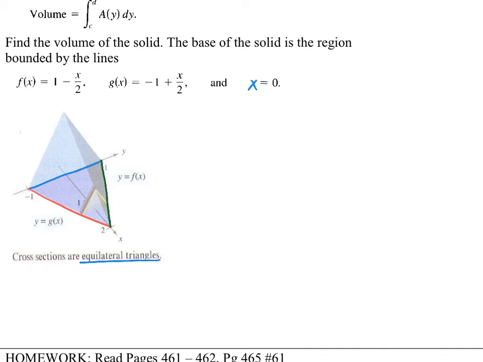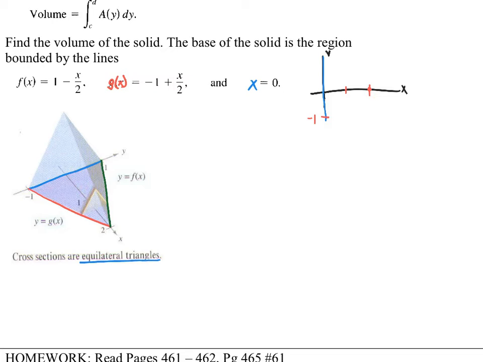Now, before we go any further, let me illustrate how we would get to this point. Because again, you may not always be given the diagram. So if I were graphing this, first of all, here's my XY axis. And I have x equals 0. So there's my y axis. I have the line for g of x, -1 plus half x. So here's -1. I go up 1 and over 2.